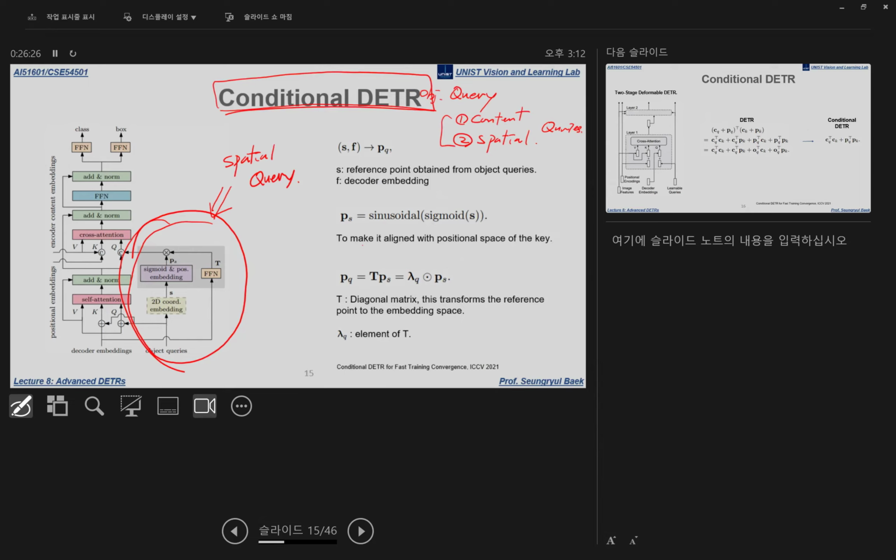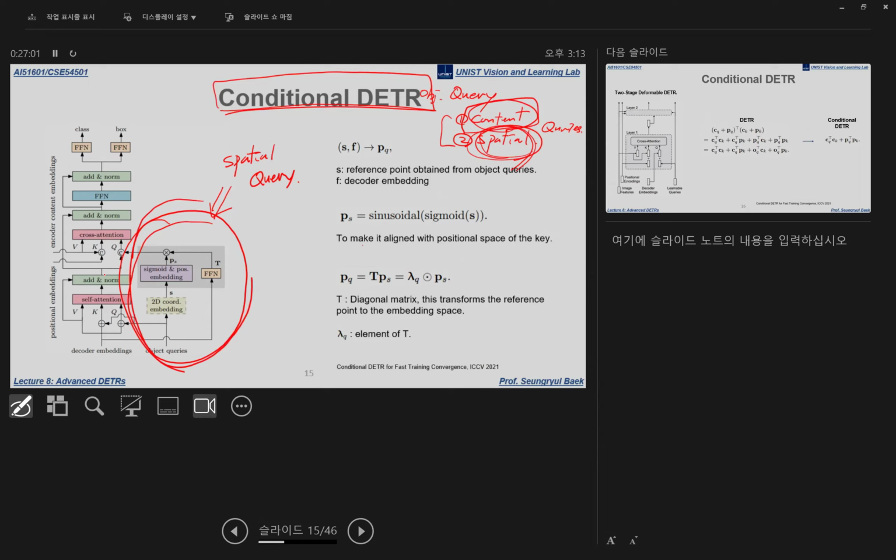The content query contains the class information. The spatial query, you can think of as containing locational information. Because we have to estimate both class information and bounding box information, the queries have to be divided into 2: first, having the content information and the other for the spatial information.